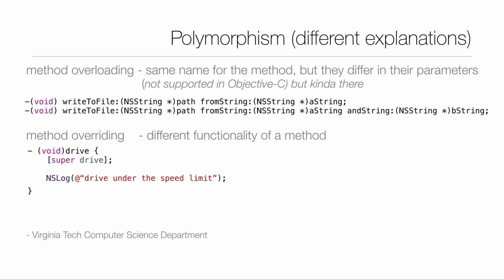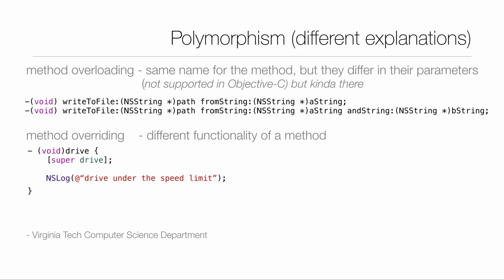So it's not supported in Objective-C, but it's sort of there, but not really. In Objective-C, those are two function names. The parameters are tied into the function name, so you can't just toss in more parameters. You need specific spots in the name.